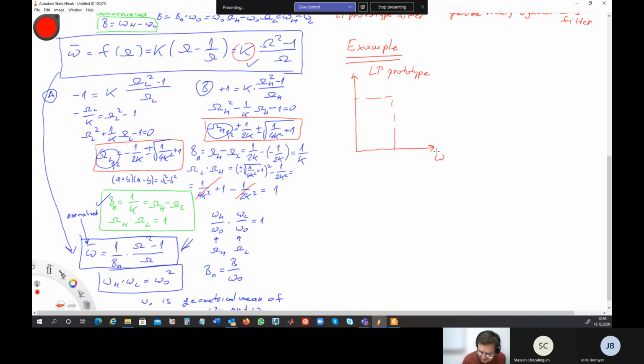This is omega. It's normalized to unity. This is the characteristic. For example, the characteristics have some shape like this. It can be whatever. But let's say it's second order.